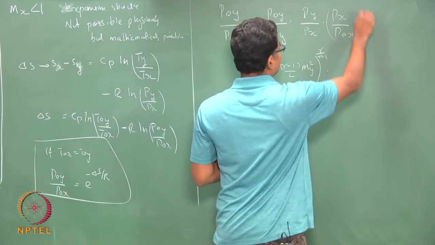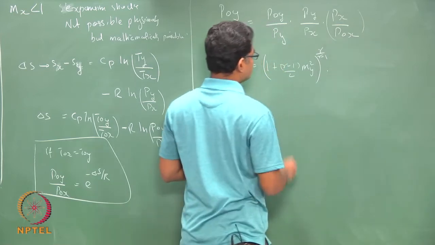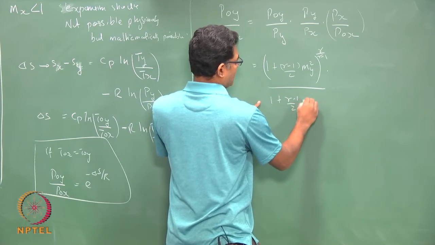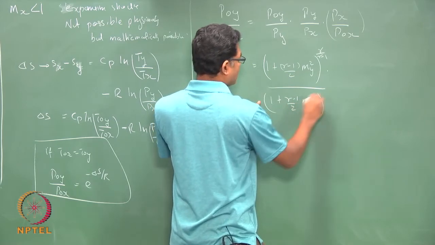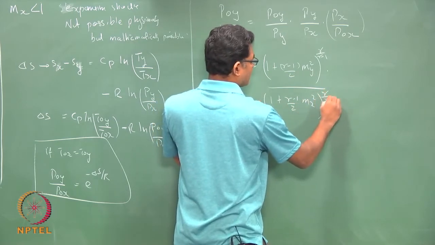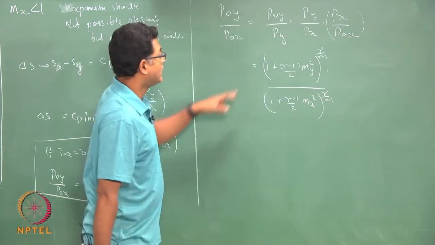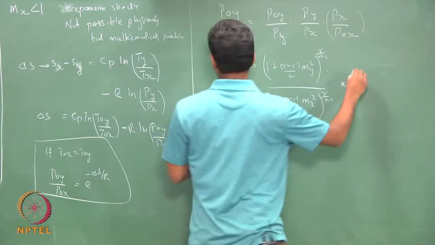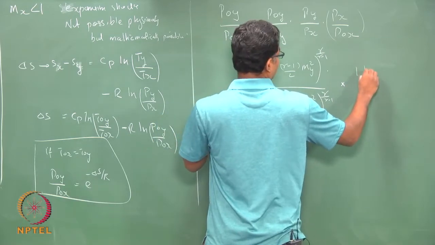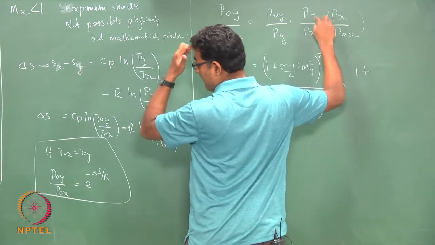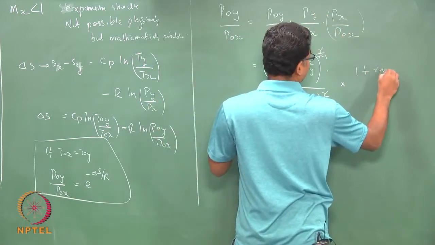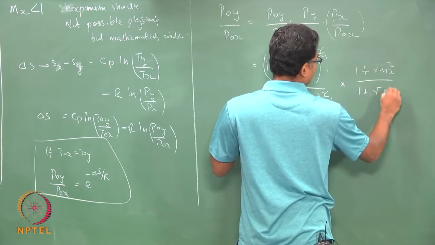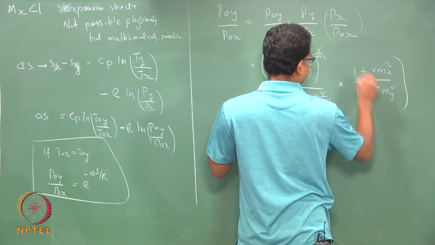This is also an isentropic process that I would write here, 1 plus gamma minus 1 by 2 Mx square to the power gamma by gamma minus 1, into Py by Px, which we know as 1 plus gamma Mx square divided by 1 plus gamma My square.